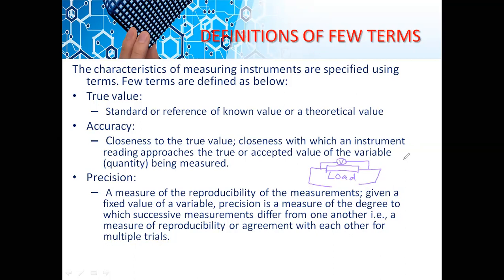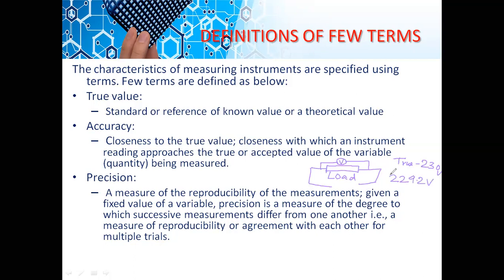Say the theoretical calculation says that, or the true value is, that the load voltage is 230 volts. But now, when I want to measure the load voltage, I'm placing a voltmeter across the load. And when I check the meter reading, say it is saying 229.2 volts.